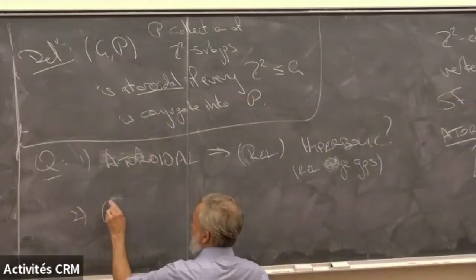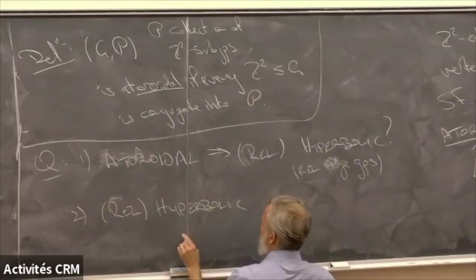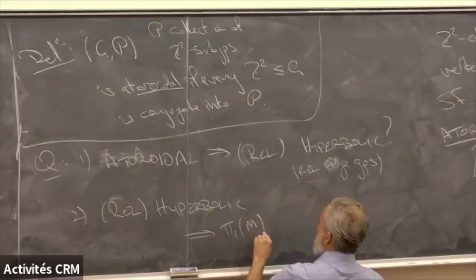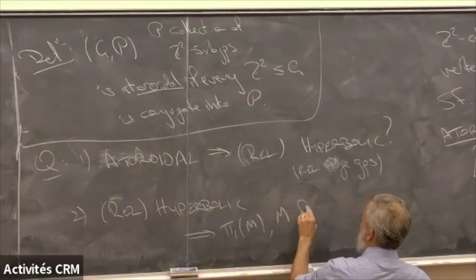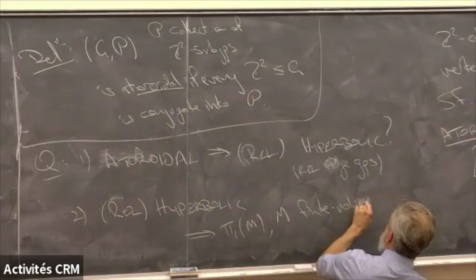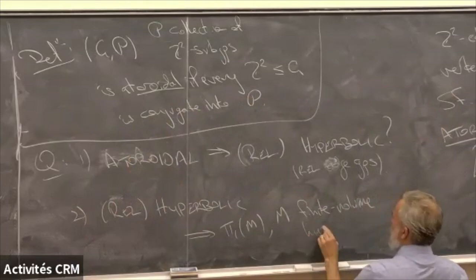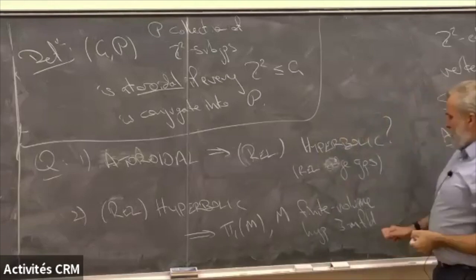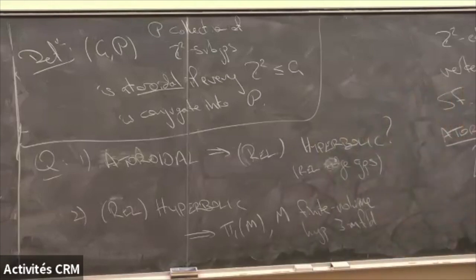And two is then the relatively hyperbolic group implies pi 1 of M, and now M should be finite volume. The sorts of things that occur in the geometric decomposition: finite volume hyperbolic three manifold, and you should hope, and it will be true, that your boundary components correspond to edge groups and so on.